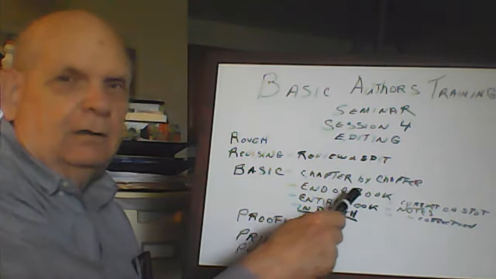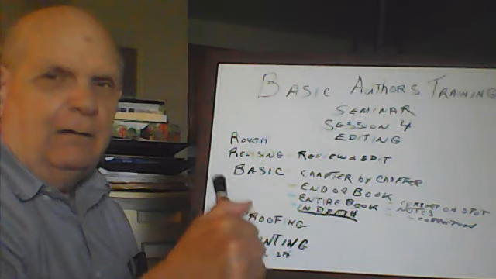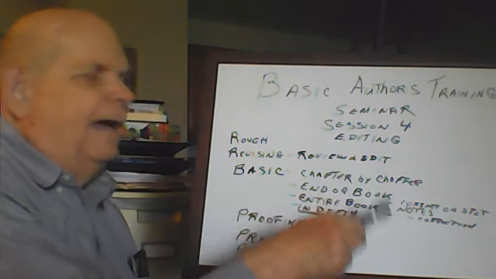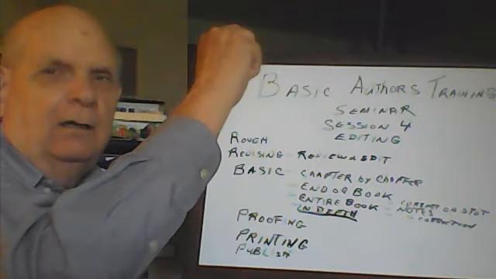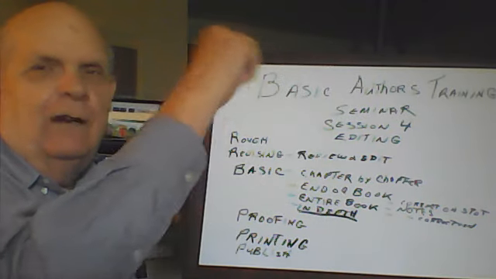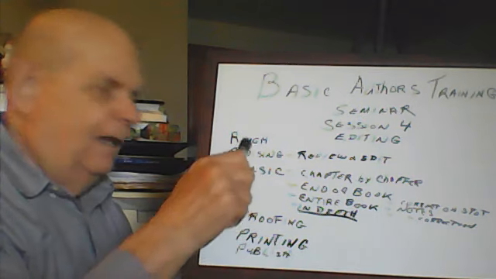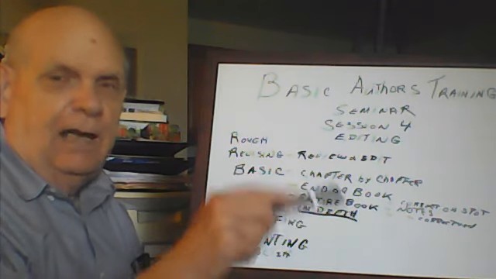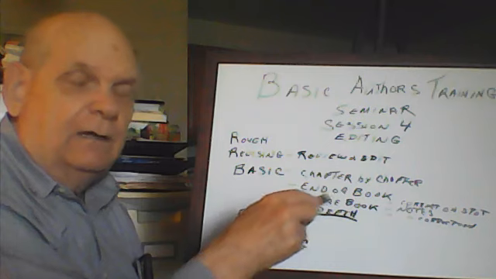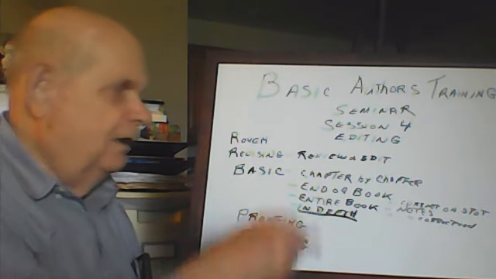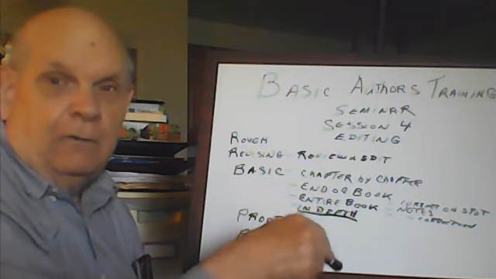End of book, make sure your closing wraps everything up. Entire book. Now you go back to chapter 1, the very first page, the very first word, and you start reading all over again, looking for errors. And you might want to do that more than once, because one time you go through and look for spelling errors or grammatical errors.